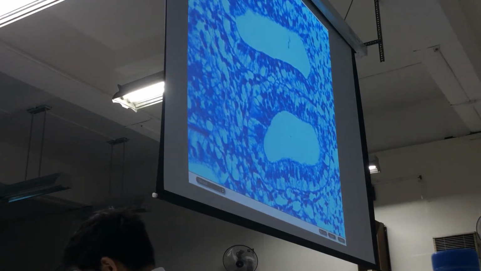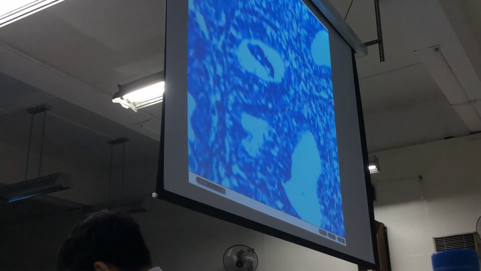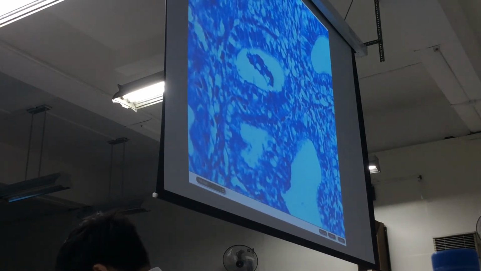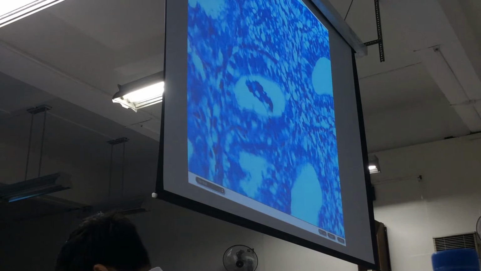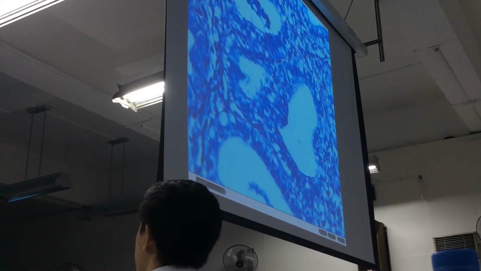Subnuclear vacuolations are the first clue that you have undergone ovulation, or the ovum has been released into the fallopian tube. So you see this about 36 hours after the ovulation. So when will you see this in the menstrual cycle? You will see this at around day 16 to day 17.